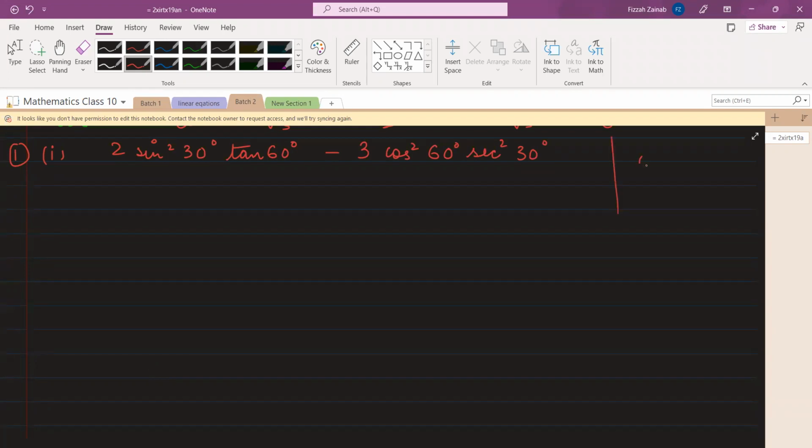And please remember, when it is written like this, tan square 30, it means tan 30 whole square. Understand? So tan 30 is, as you know, 1 by root 3, so it means that whole square. So that way you can write. Please put the value and try to solve it and tell me the answer quickly.